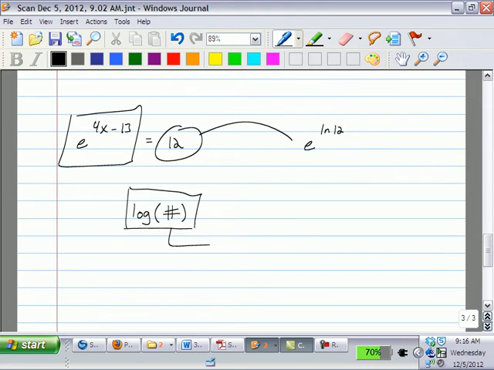This is the exponent you put on 10 to get x.